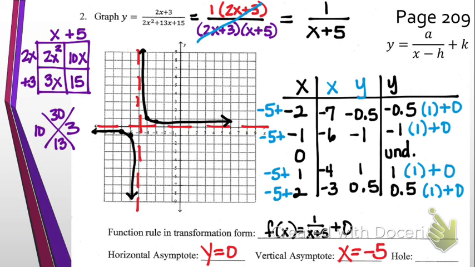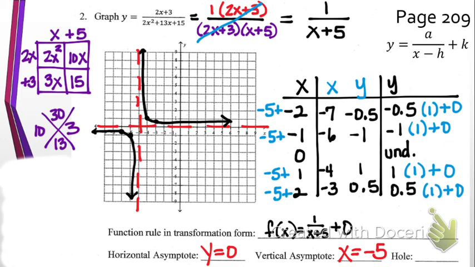Okay, so now the last thing we need to do is figure out where to put the hole. So you take what you canceled and you set that equal to 0 first. So you're going to take that 2x plus 3, set that equal to 0, write your answer as a decimal.